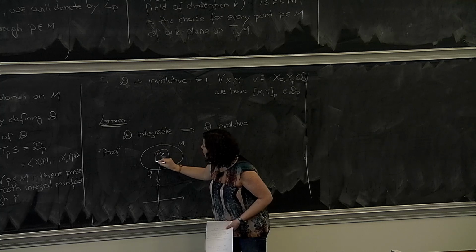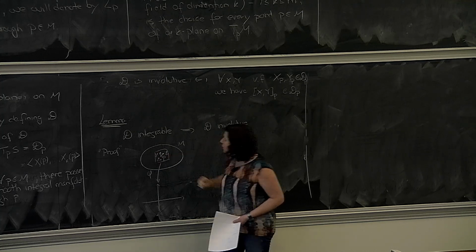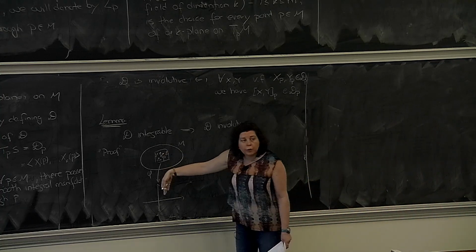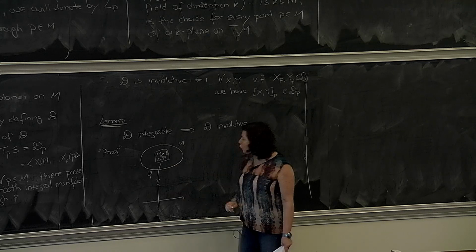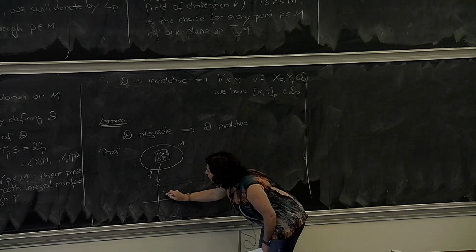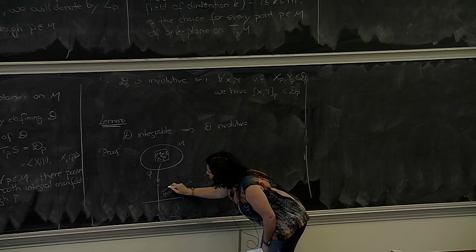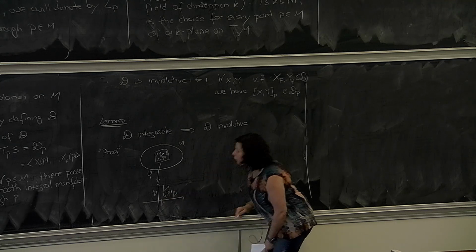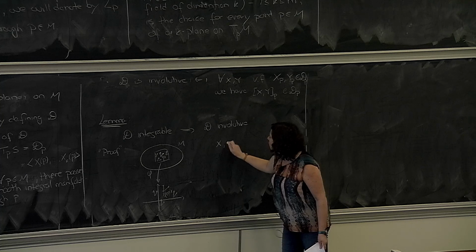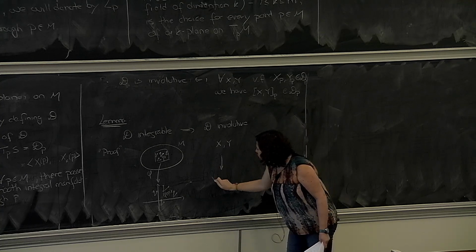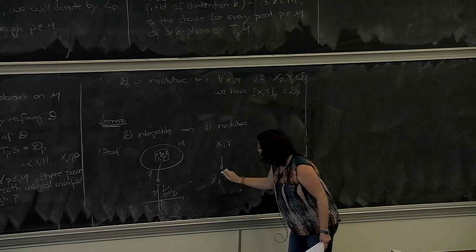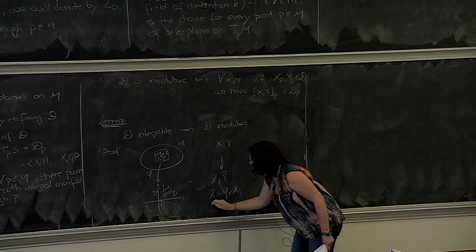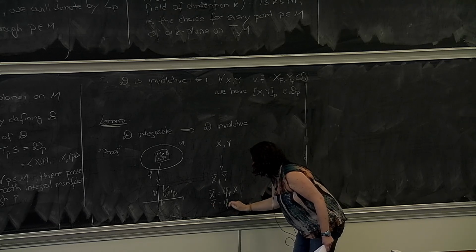At each point, I have these vector fields that are linearly independent. And I can push forward these vector fields to the image of phi. So I have here phi of P, and the push forward of these vector fields on the image of phi. Okay, so I have x, y. I associate x bar and y bar, where x bar is the push forward of x and y bar is the push forward of y.